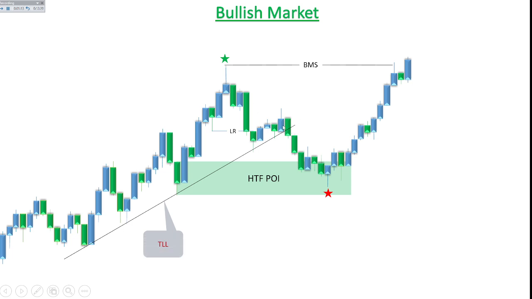Now let's focus on here where price did take out your low and break your trend line. The trend line is the most commonly used trading strategy by retail traders, so it is very easy to spot a trend and very easy to trade. That is the reason why it is prone to manipulation.